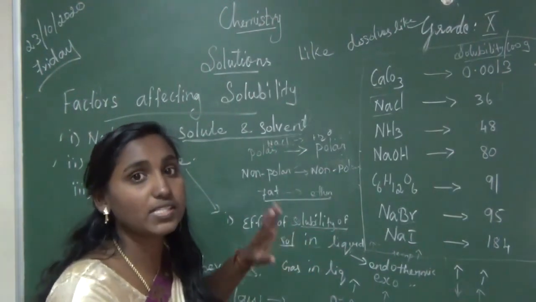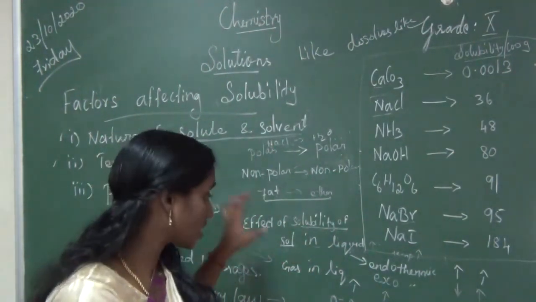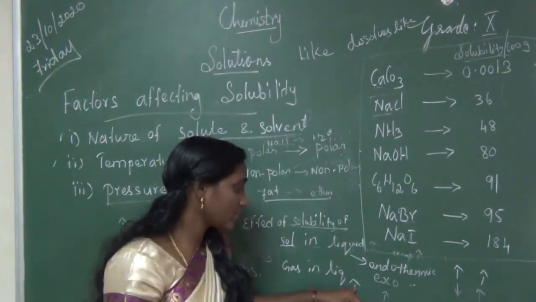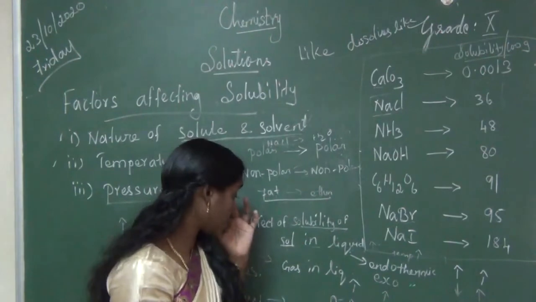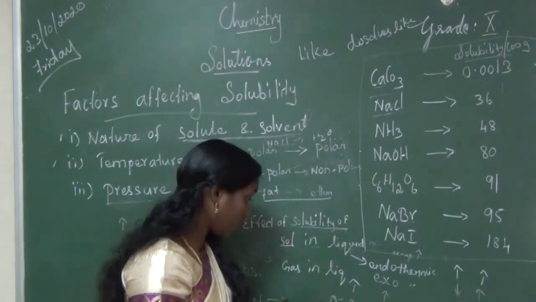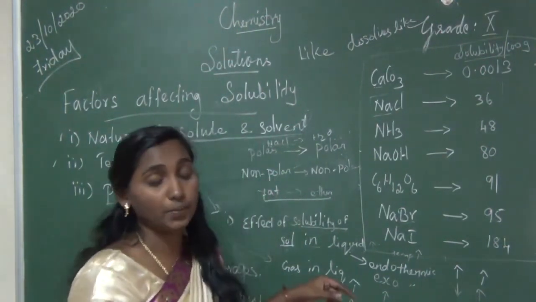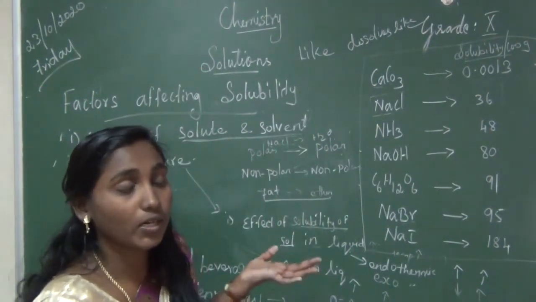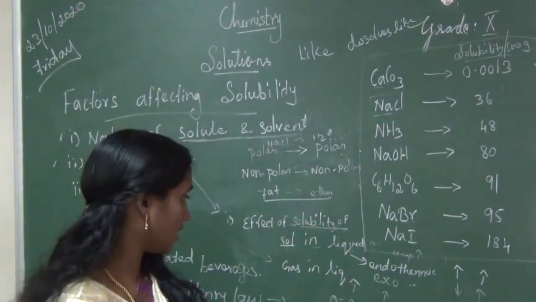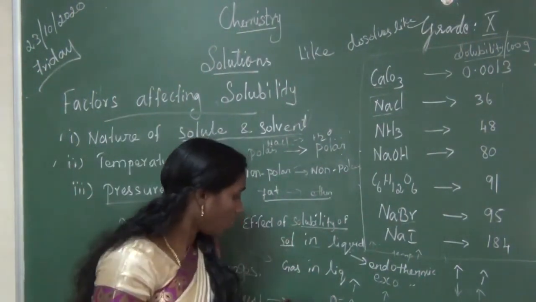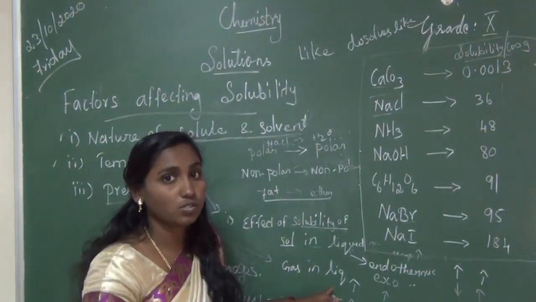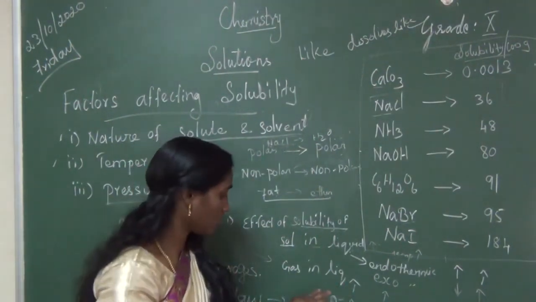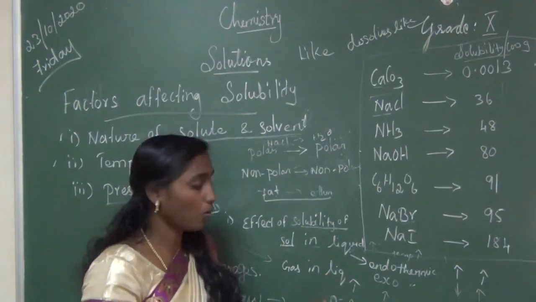So the solubility of gas in liquid decreases as temperature increases. The second example is aquatic animals. Aquatic animals live more in cold regions because more dissolved oxygen is present in the water of cold regions.